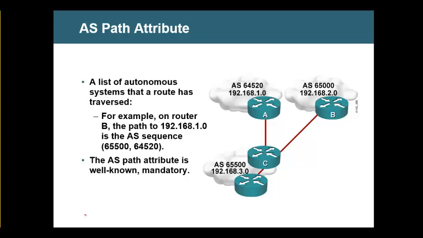AS path attribute. If you see router B, when it learns this network 192.168.1.0, you will be seeing the autonomous system through which the update reached B. B received this update from autonomous system 65500, which one?